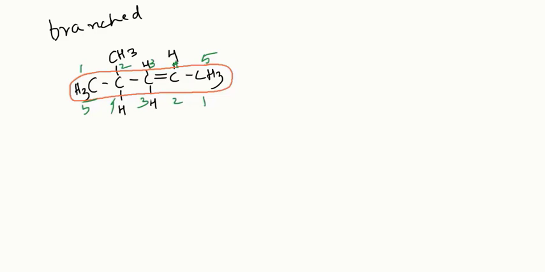Okay, so as I told you, the preference would be given more to the double bonds, or a functional group like OH, if you have to choose between a methyl group and an OH group or any functional group. Here, in the first part, the methyl group is getting 2 and the double bond is between 3 and 4, so it's getting the number 3.